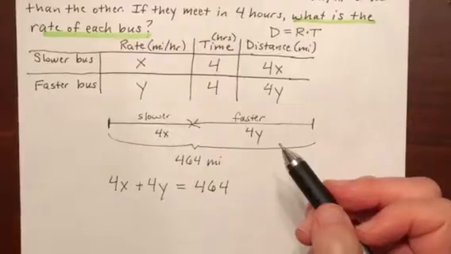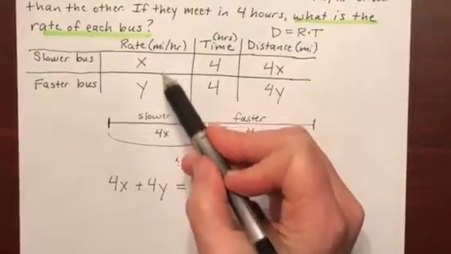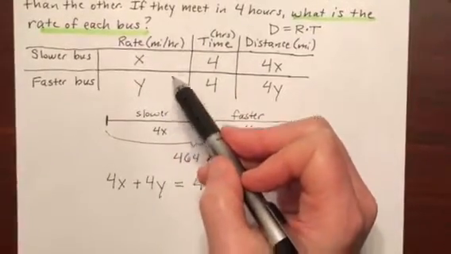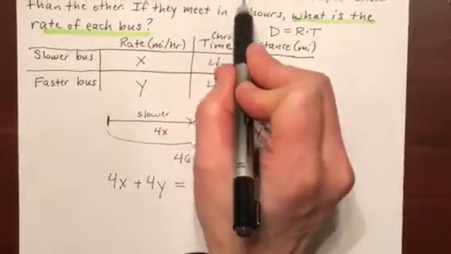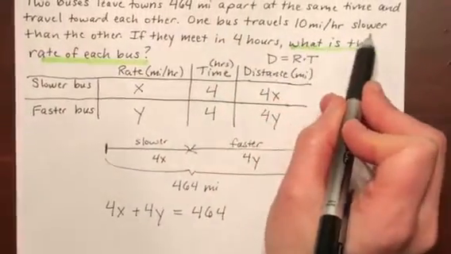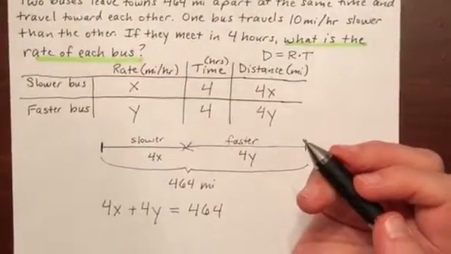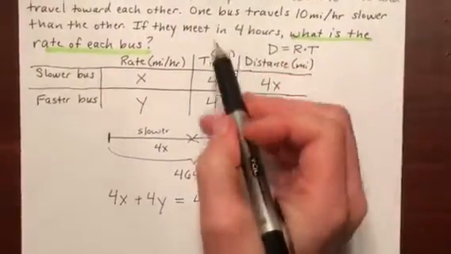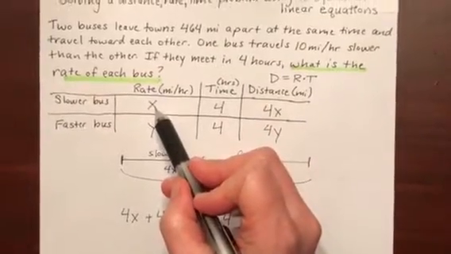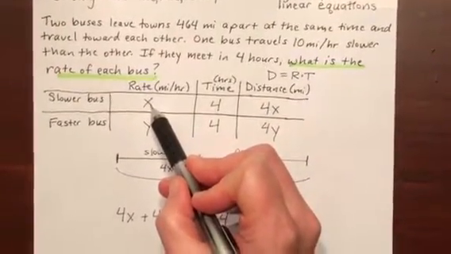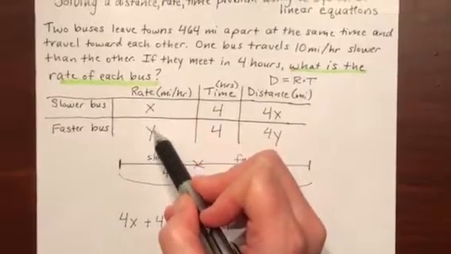I also want an equation that relates the x and y to each other. So I go back to my problem and it says one bus travels 10 miles per hour slower than the other. So if you think about that, the slower bus, the x rate, would be a lower number than the y number.